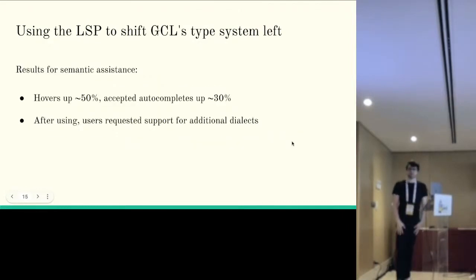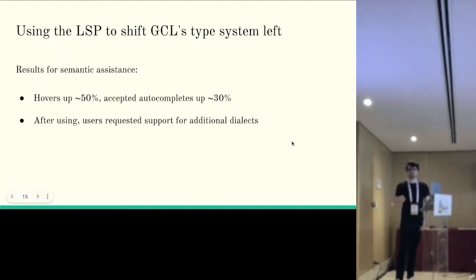And for how it has improved users' experience, since implementing and pushing this to our users, we can see how all of our users interact with this because all of the users of this language are in Google. So this is one of the nice things about it. We can see that hovers went up 50% when we implemented the semantic assistance, which is like the doc links and stuff like that.